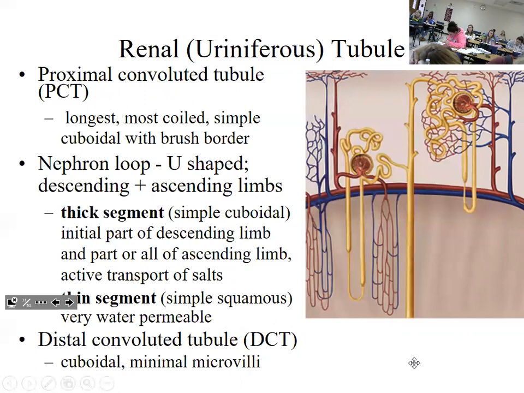What did I tell you was happening in acute glomerular nephritis? Do you remember? Kidney failure. So it can lead to kidney failure. It can absolutely lead to kidney failure.